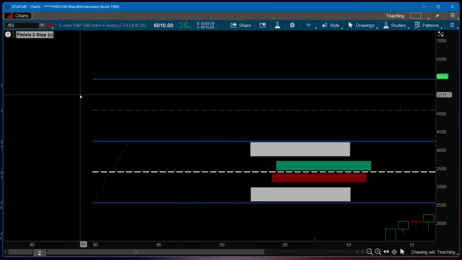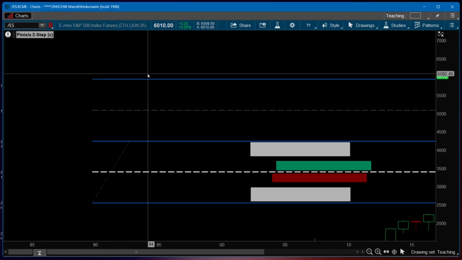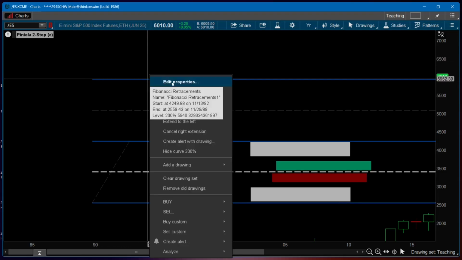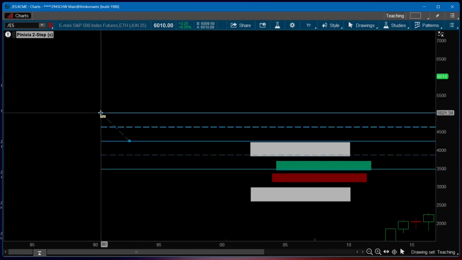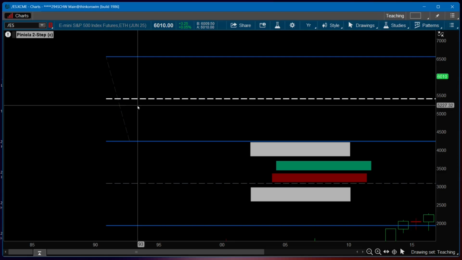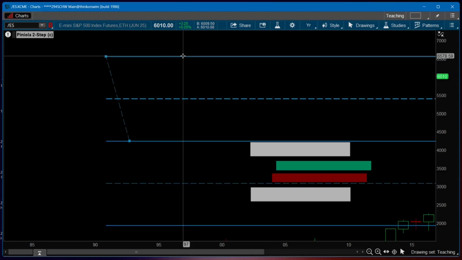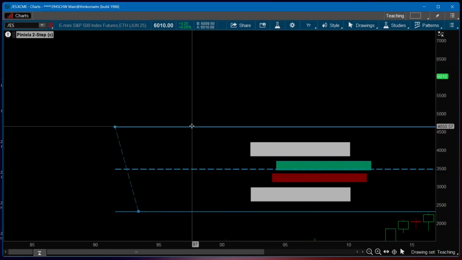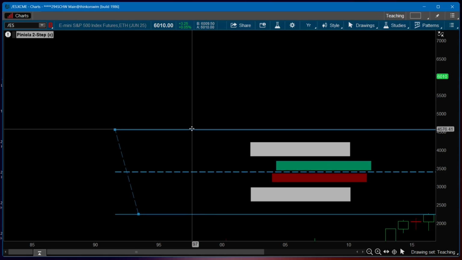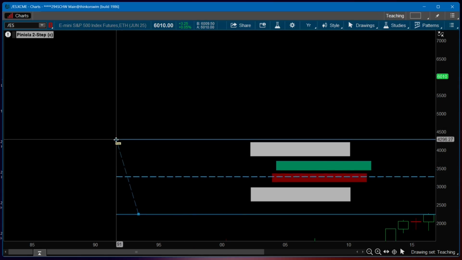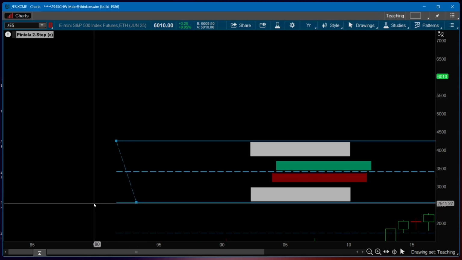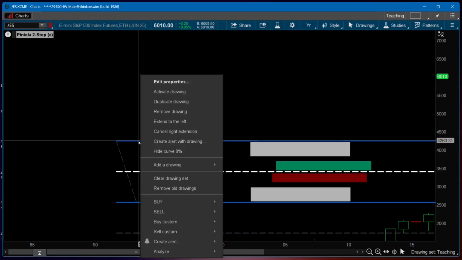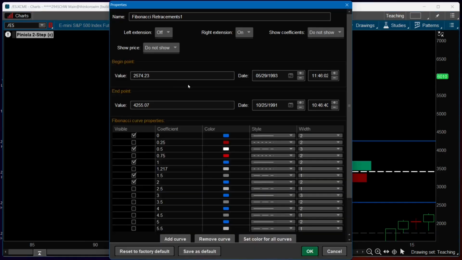Now, if I'm going to measure a downward trend, let's see. It's just the opposite. I guess I could have done that a little better. Okay. And when I do my downward, I always change the colors.